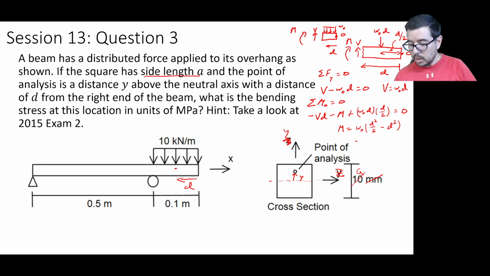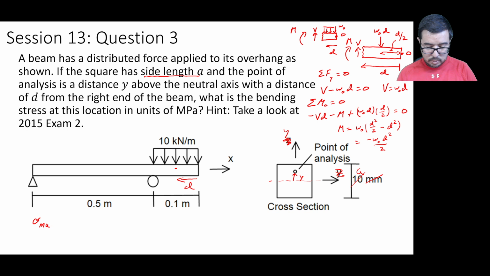And this is going to be equal to minus W naught D squared over 2. Okay. So how do we go about calculating the maximum bending stress? Well, we need to look at, okay, so I'm going to come over down here, sorry.